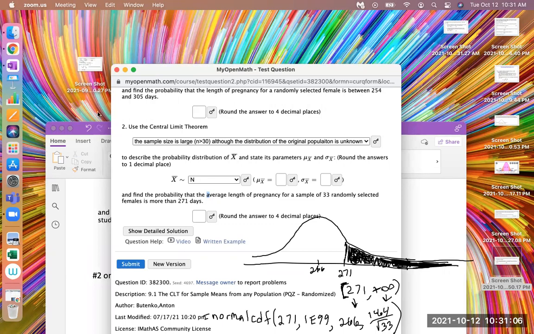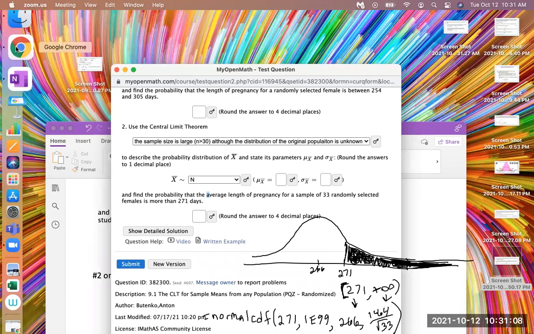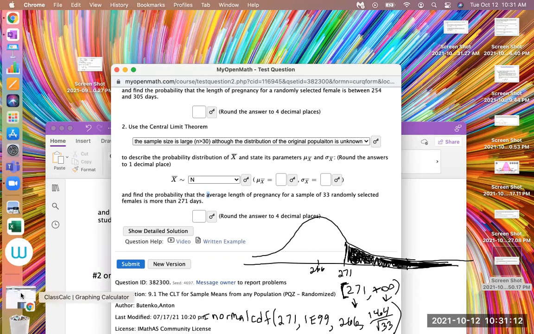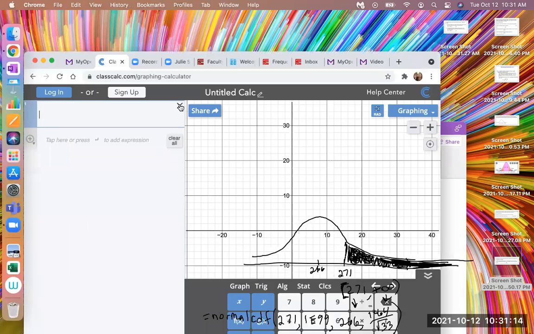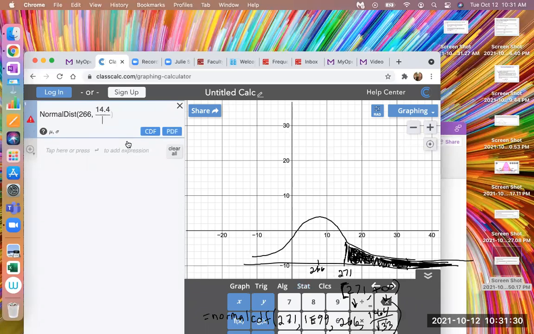Let me show you how you would do it on a class calculator. I would do stats, distribution, normal CDF, and then I put my mean, 266. I put my standard deviation, 14.4 divided by SQRT 33.